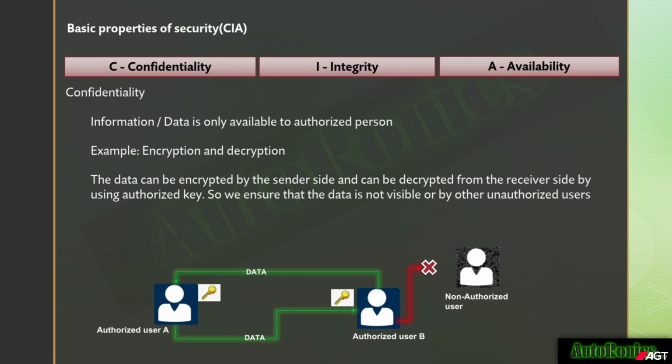So by this we derive the concept of encryption and decryption to meet the property of confidentiality. Even if a hacker gets the data, he or she will not be aware of the key, so the hacker cannot decrypt the data. We'll look into the next properties in the upcoming sessions.